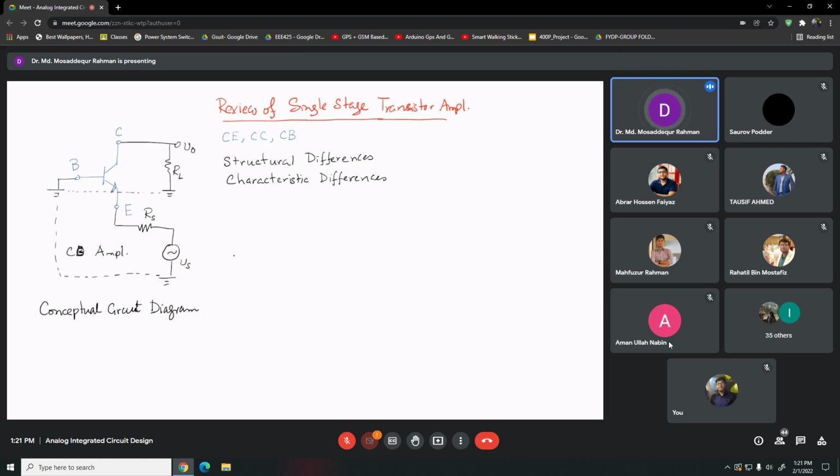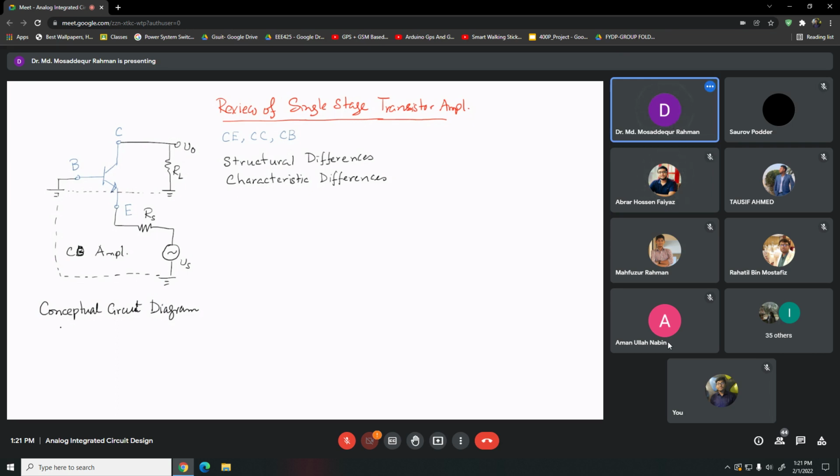These are not the actual common emitter, common base amplifier circuits, right? Because they are missing something. What are they missing? The capacitor. Capacitors. Yes, sir.